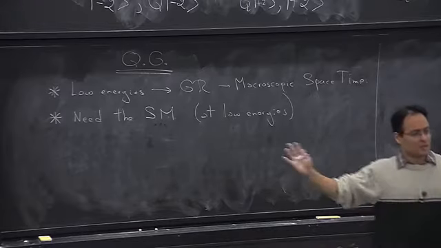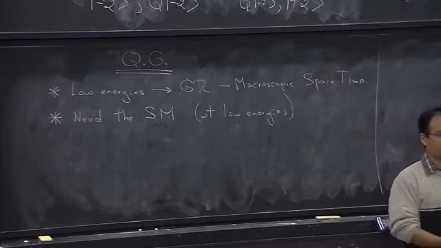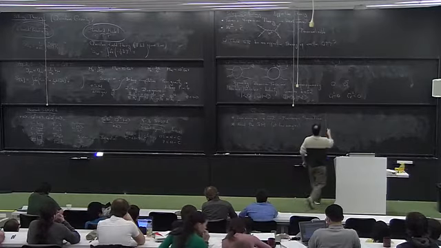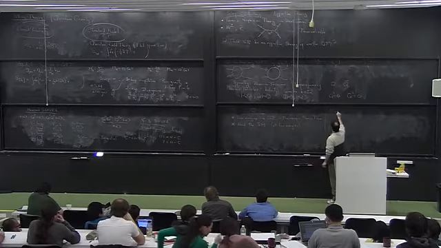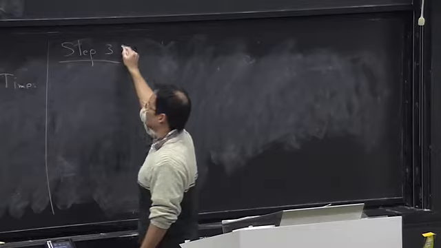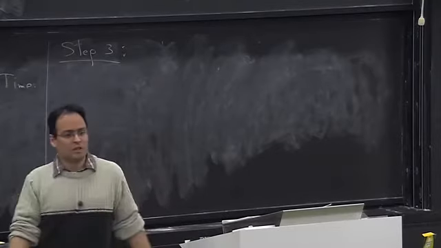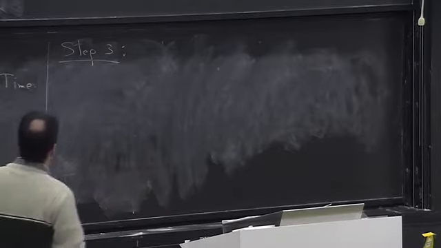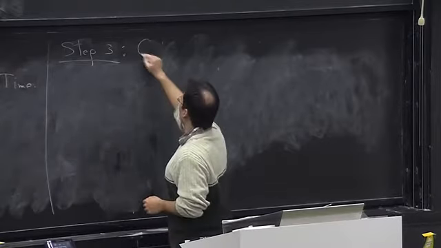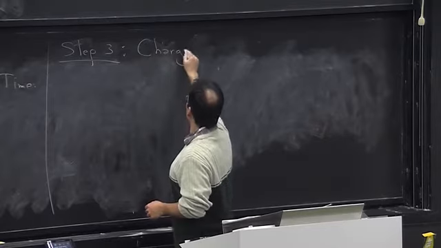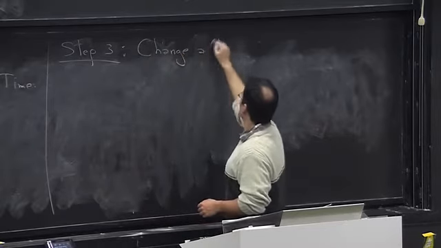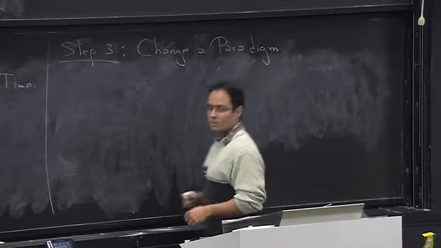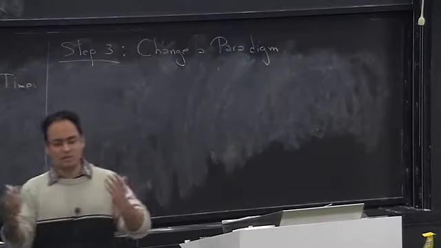So imagine that we said, well, okay, we give up quantum field theory. Quantum field theory will not give us the answer. Our step 3 in searching for a quantum theory of gravity would be to say, well, now I panic. There is nothing I can do with what I know. So I have to change a paradigm. Somehow, I have to change something.